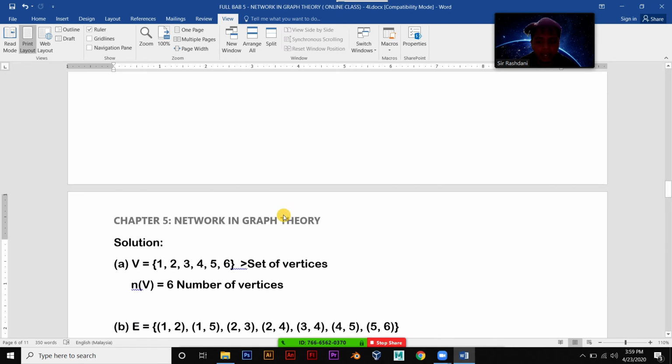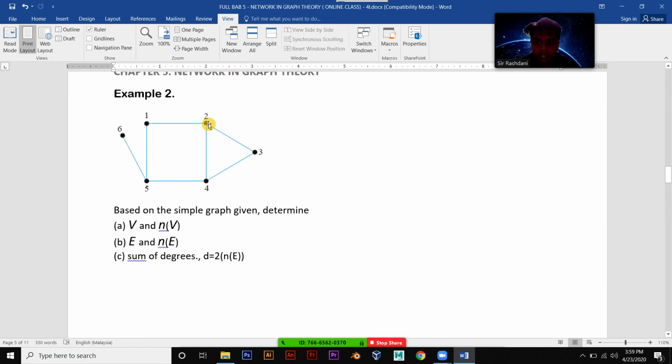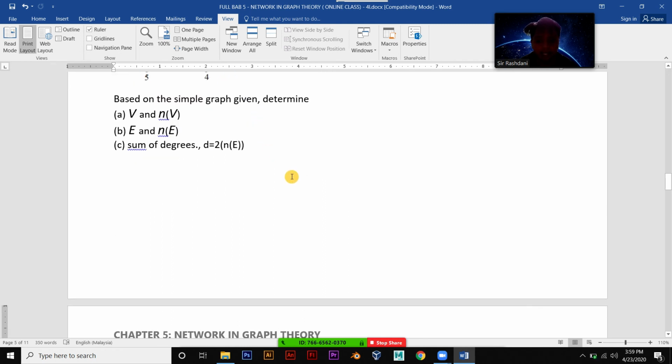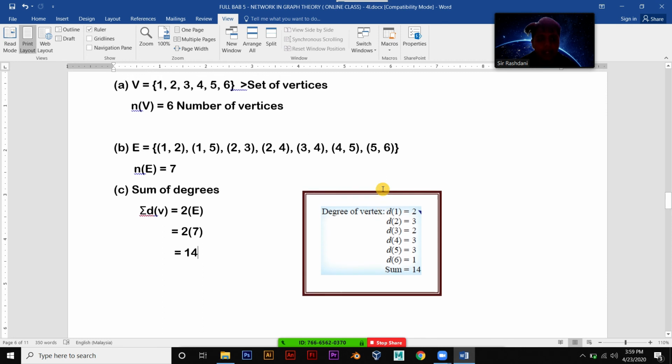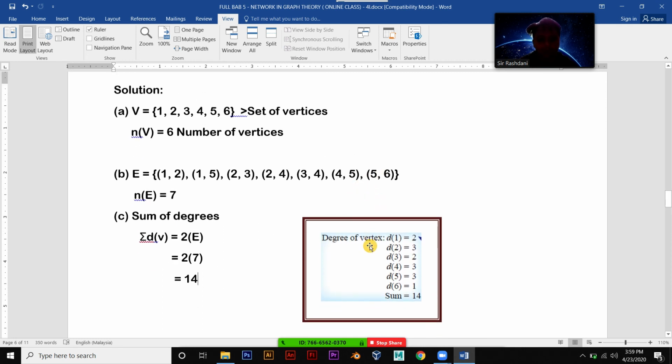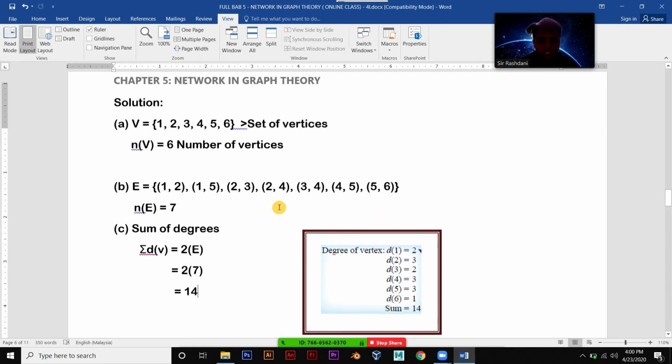Then vertex 2: 1, 2, 3. There are 3 edges, which means vertex 2 has degree 3. Understood? And proceed until D6.